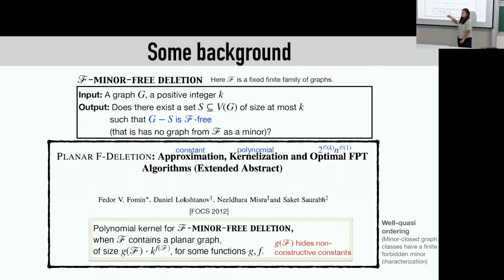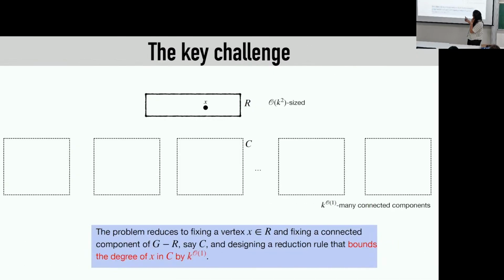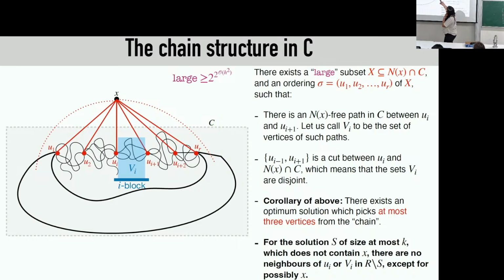But again, there is non-constructivity. I think the only reason we have connectedness is because of a thing that I had but did not say. I assume that the solution does not pick anything from the chain, and I give you a proof. But actually, we can prove that the solution may pick something from the chain, but what it picks is not too much. Only 3 vertices. And why do I get 3 vertices? Because if the chain does not see anything at the top, then why would the solution pick more than 3 vertices?